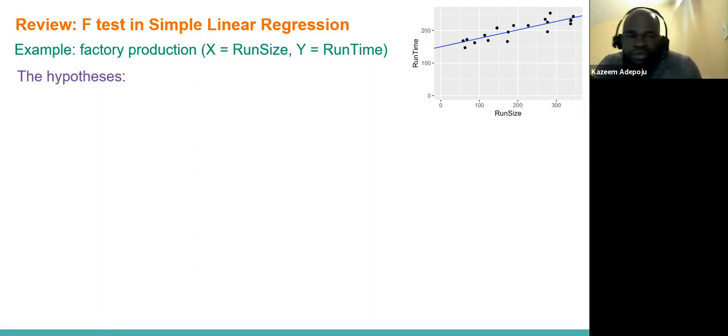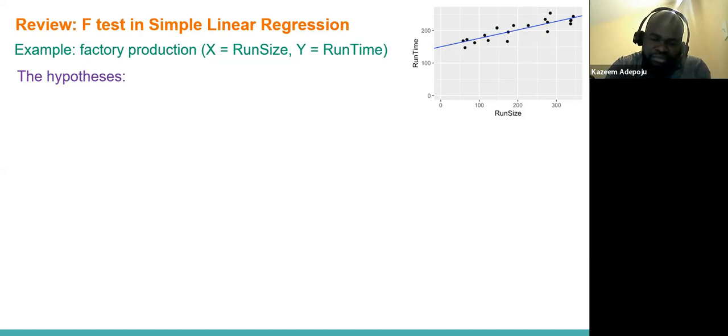Of course, we're going to have hypotheses. In any scientific investigation, we normally state our hypotheses because hypotheses depict practical questions, research questions that we want to provide an answer to.